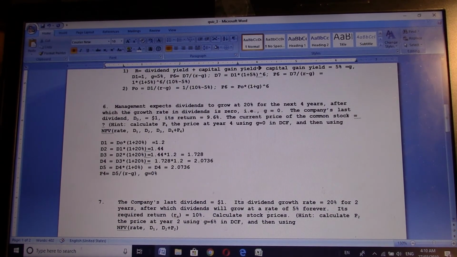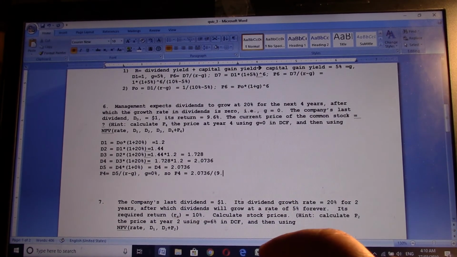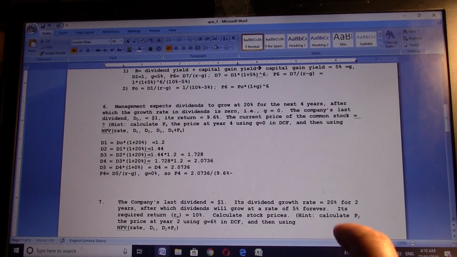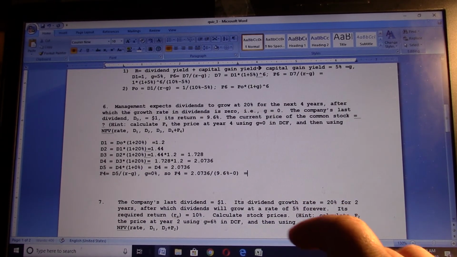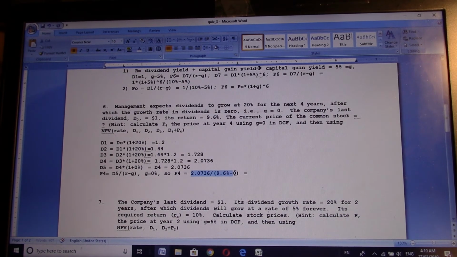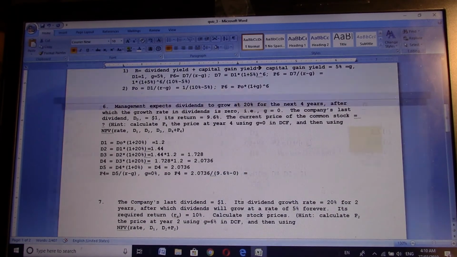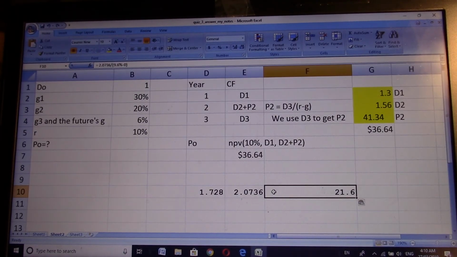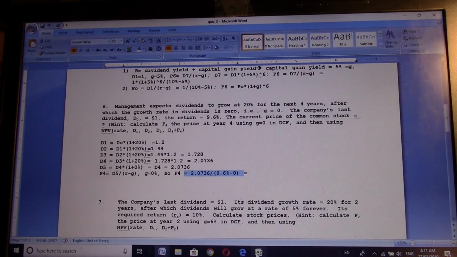Now it's constant, held at 0%. So P4 equals D5 over R, 9.6% minus 0, which is 21.6.